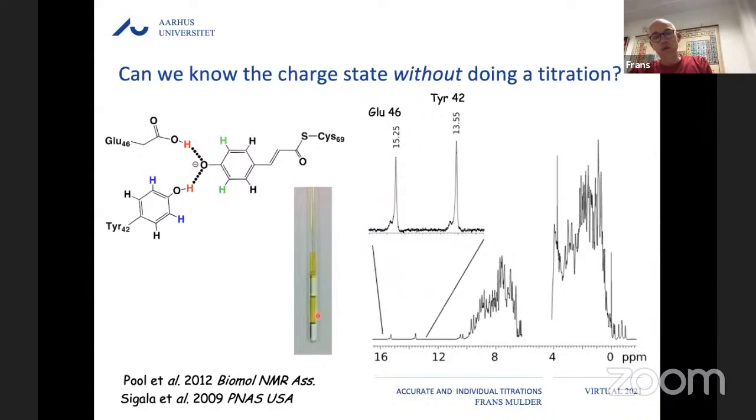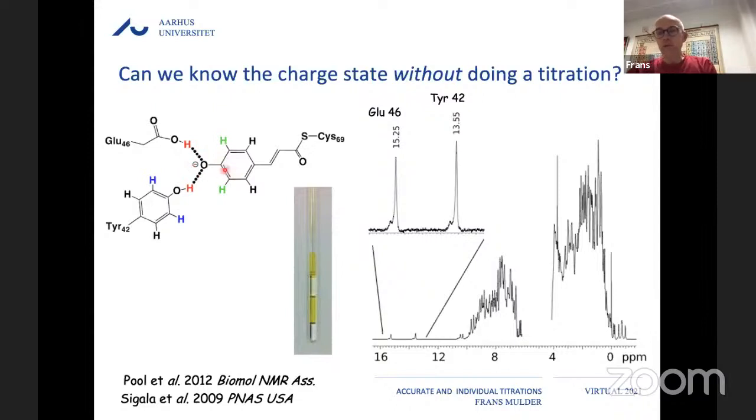If you reconstitute it, you can change this chromophore by putting halogens on these side chains, and thereby change the electronic environment here, and also the pKa of this group.